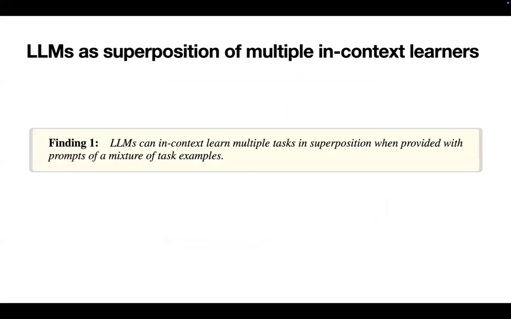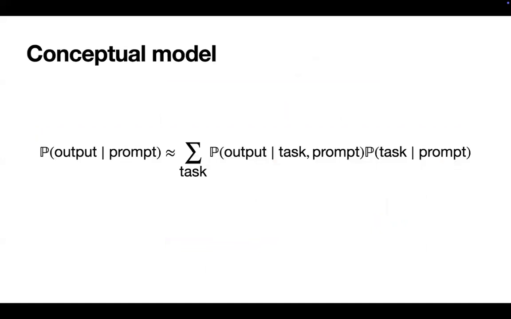So that leads to our first finding, that large language models can in context learn multiple tasks in superposition when provided with prompts of a mixture of text samples, like the one we have before. We can think of this conceptual model.